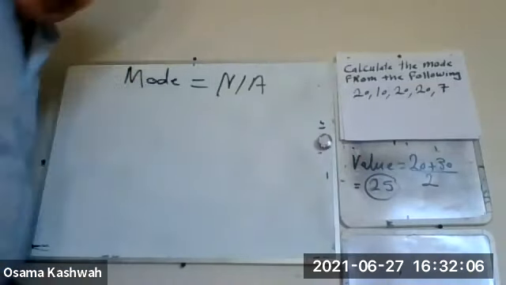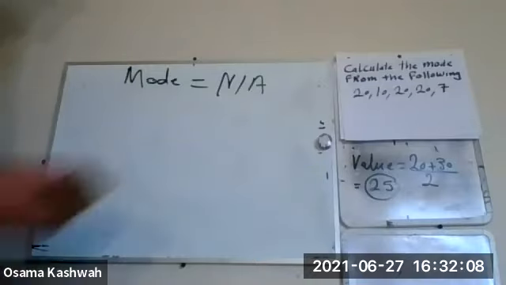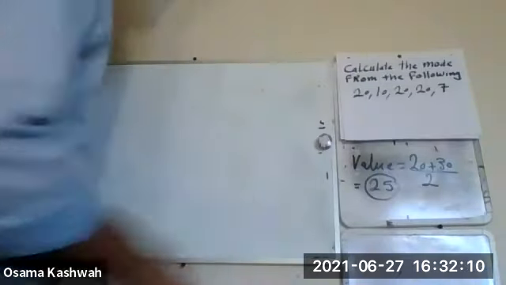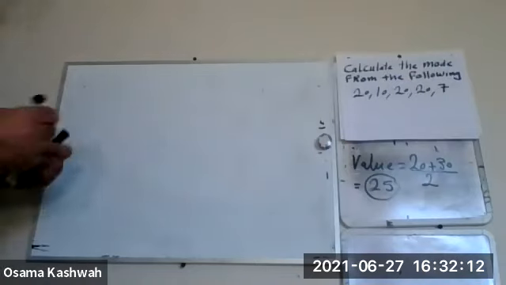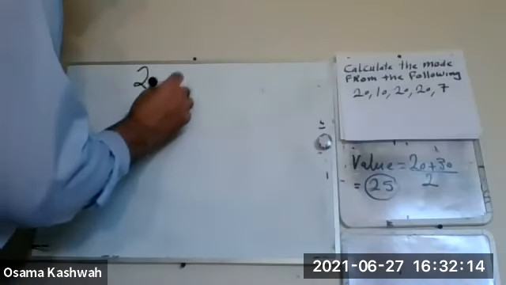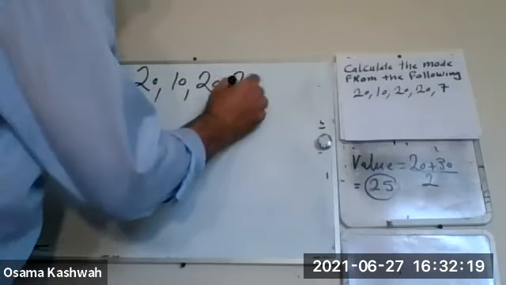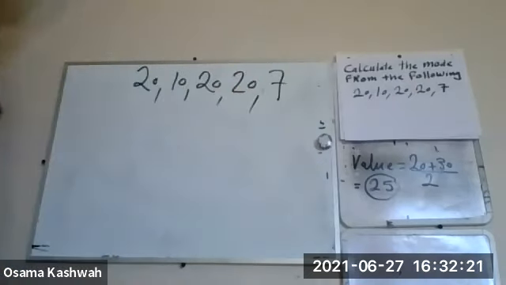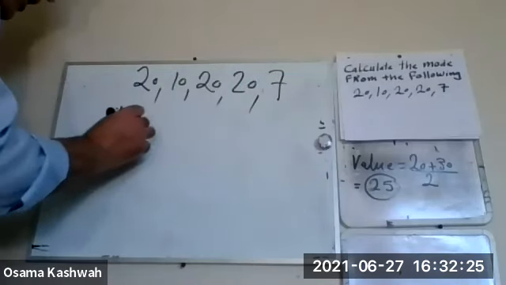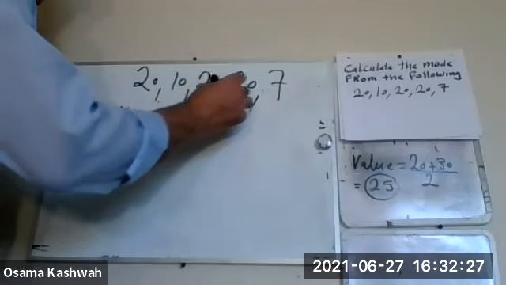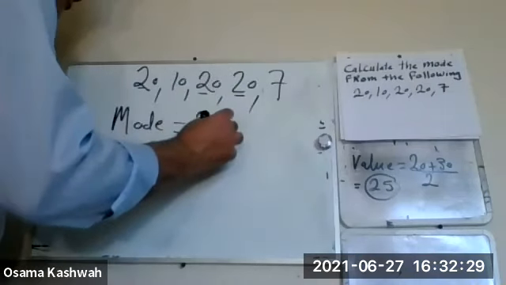Calculate the mode from the following. We have 20, 10, 20, 20, and 7. It seems obvious that the mode is 20, which is the most repeated.